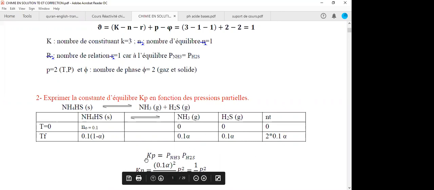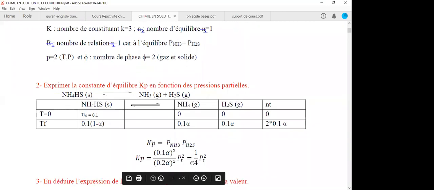So Kp is going to be given by the pressure of this one times the pressure of this one. But here we don't have gases, so we will only consider the gases. So Kp will be given by the pressure of NH3 times the pressure of H2S. That's what we have here. So Kp is equal to, what is the pressure?